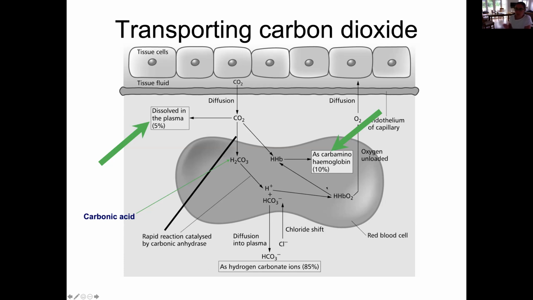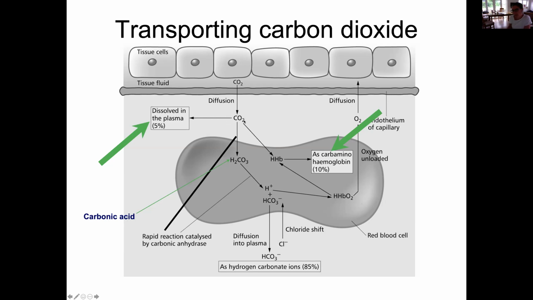So when we talked about hemoglobin's affinity for oxygen being affected by the partial pressure of oxygen, what we can see here is that CO2 concentration definitely affects hemoglobin's affinity for oxygen.